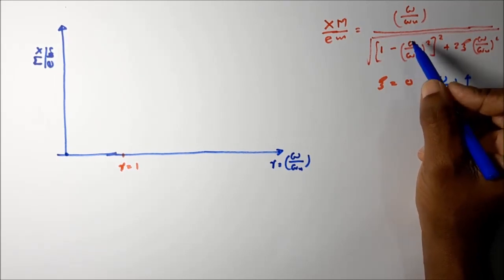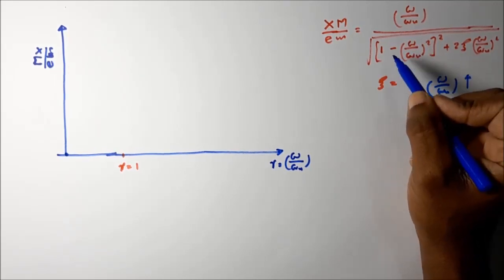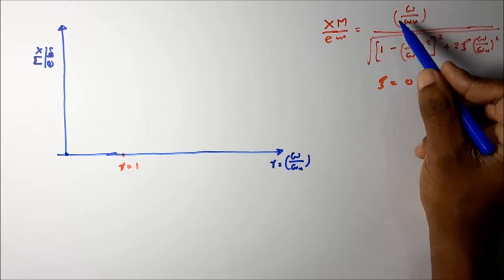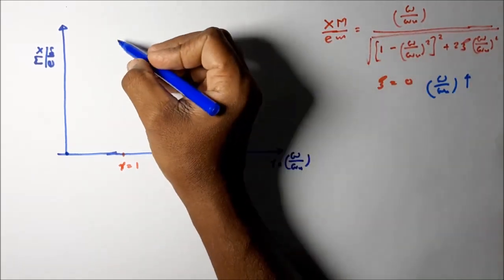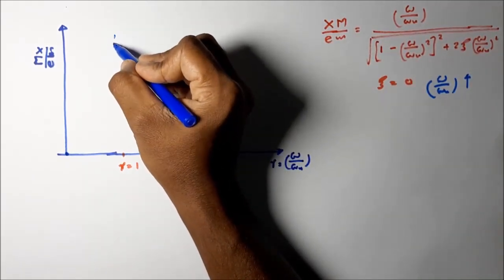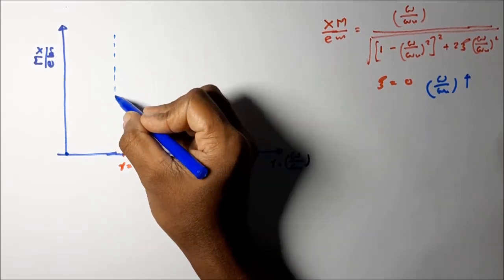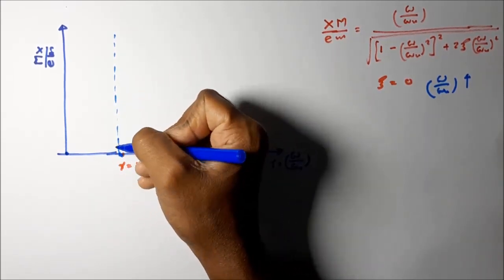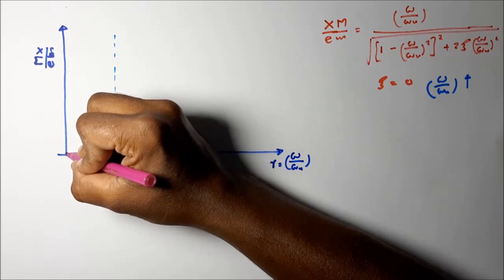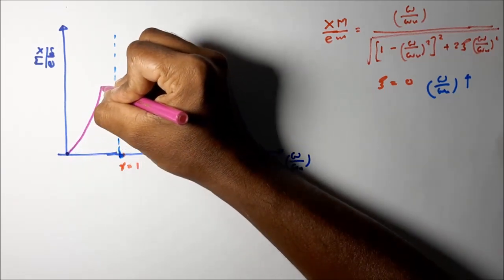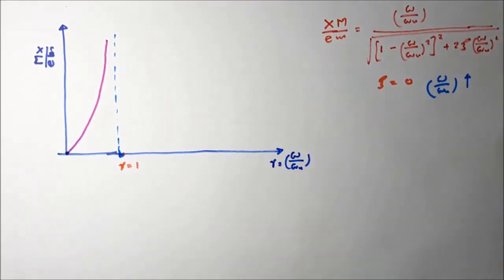What it means is, when the frequency ratio reaches to the 1, this entire expression goes to the infinity. That means this function has a vertical asymptote at r equal to 1. We can represent it like this. Just take this as the r equal to 1 position. Vertical asymptote that we can draw like this at the theta equal to 0 situation.